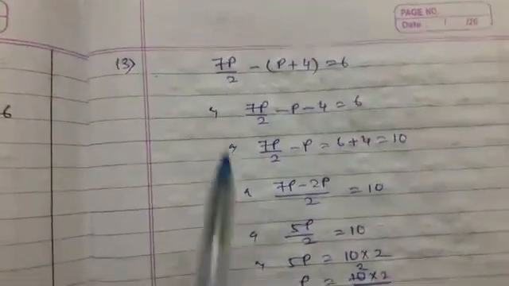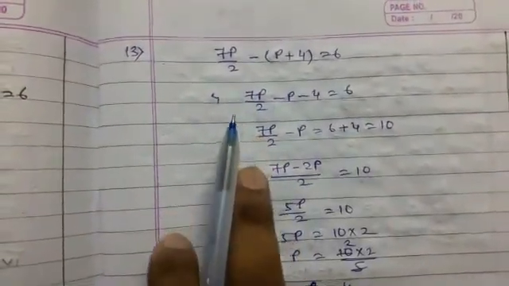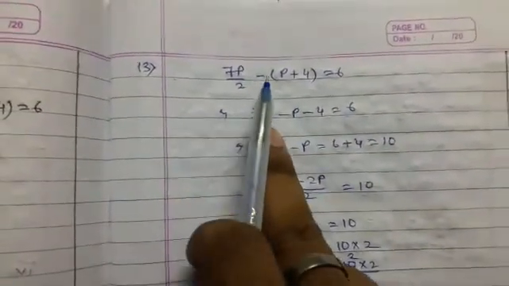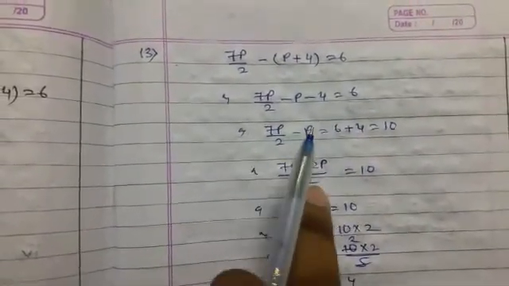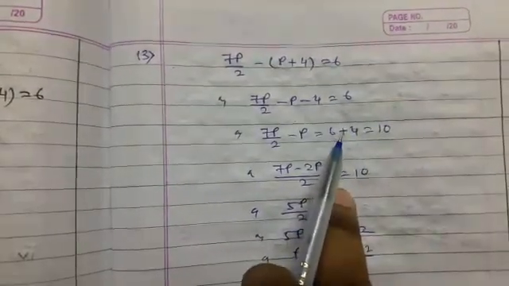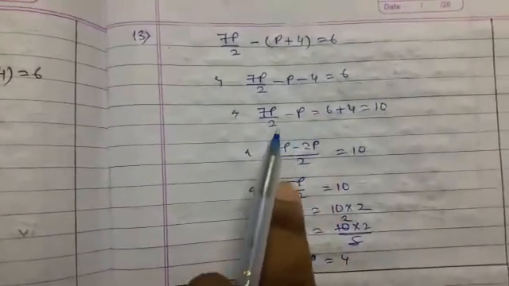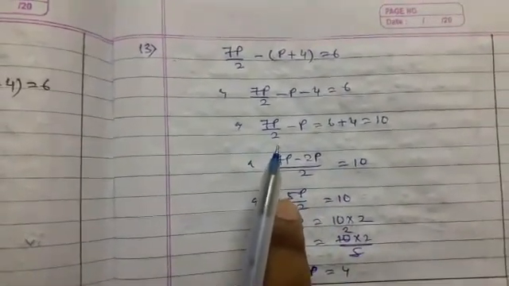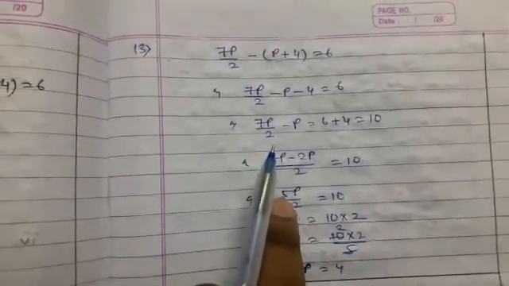Then number 13: 7p/2 - p + 4 = 6. Then 7p/2 - p + 4 = 6. I have taken this plus 4 to the right hand side, that's why it has become minus. So 6 - 4 equals 2. So 7p/2 - p, now I have done the subtraction of the fractions.